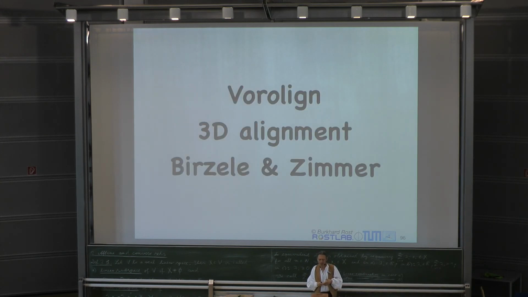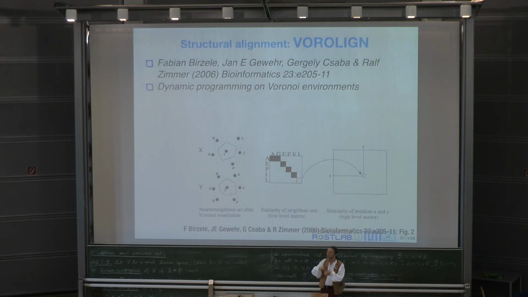Here's another idea that comes from Munich, Voronoi, which replaces the residue by its Voronoi environment, somehow a similar idea to the distance environment. So you describe something along your local environment that you believe is functionally important. The way you're shaped, the way you're curved, for a three-dimensional object is important, right?